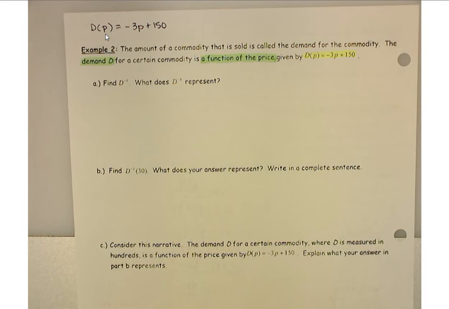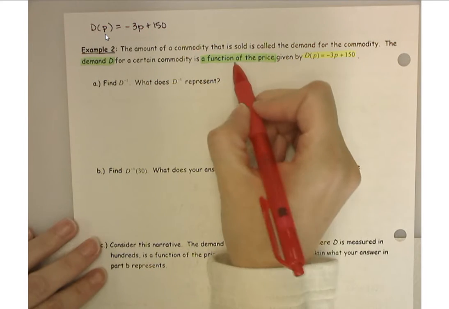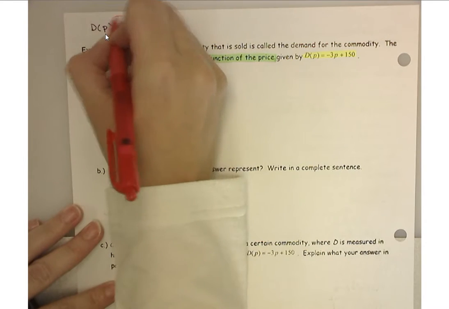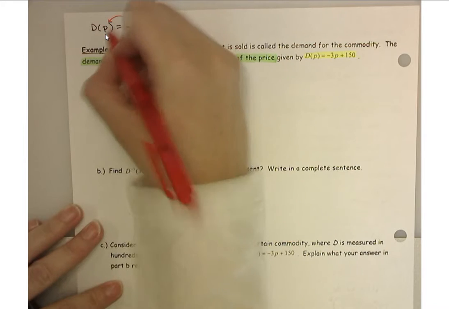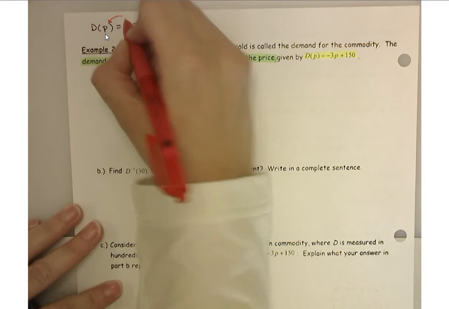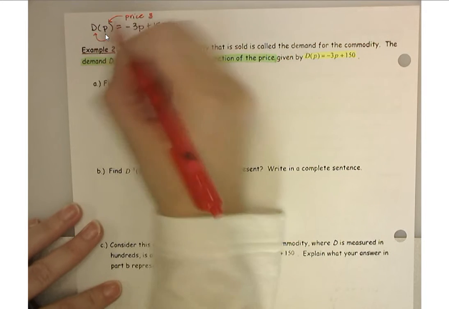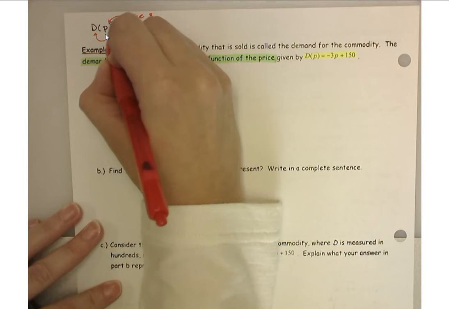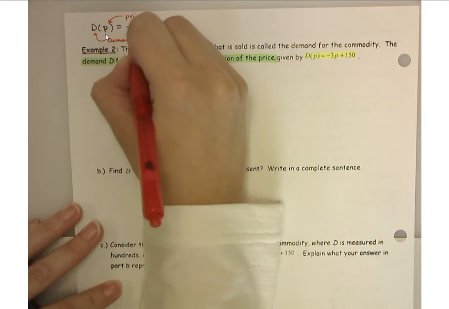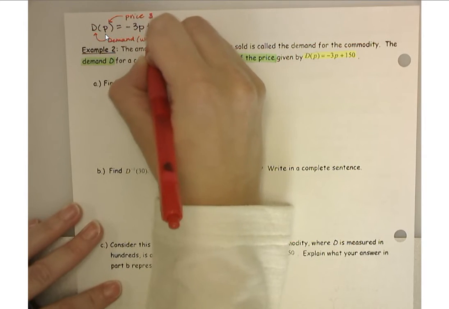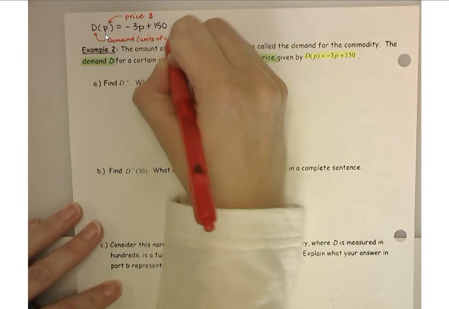When they say that it's a function of something, whatever the function is of is going to be your input. So in this case, our P is going to represent the price, and the price is always given in dollars. Your demand is going to be given in units of whatever your commodity is.